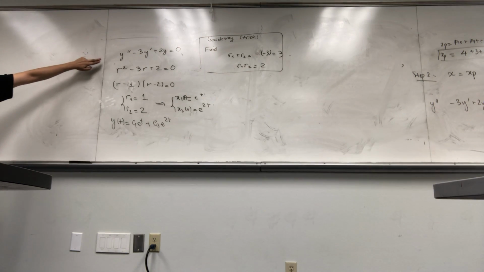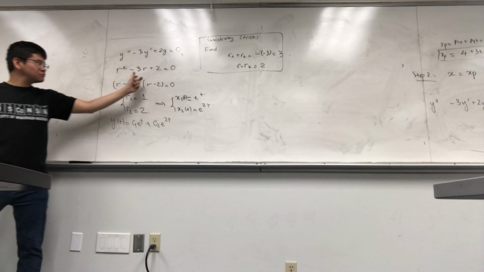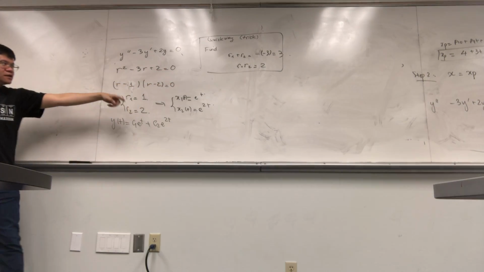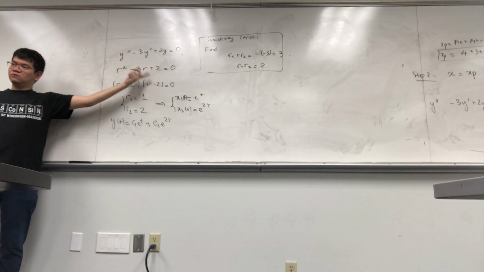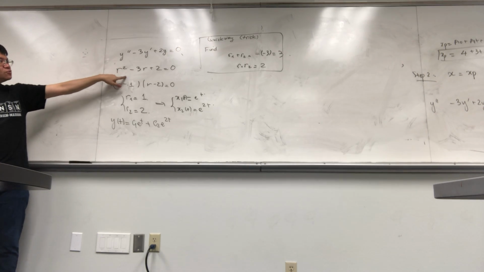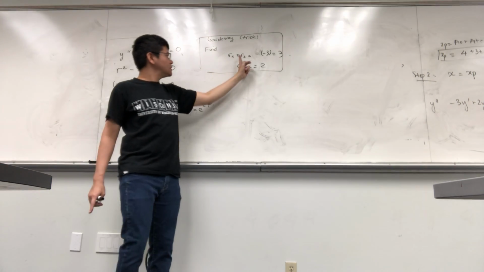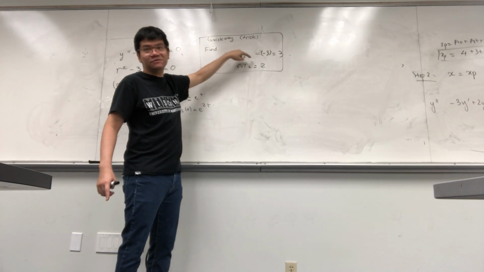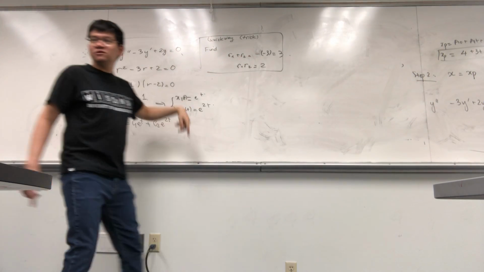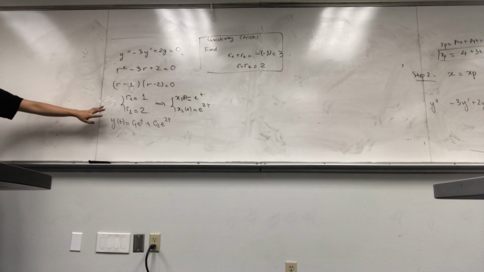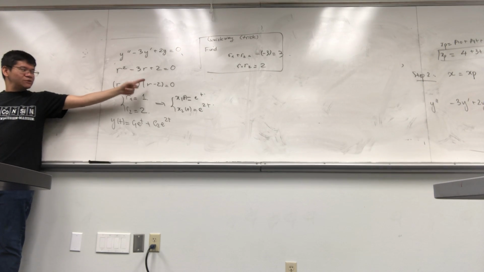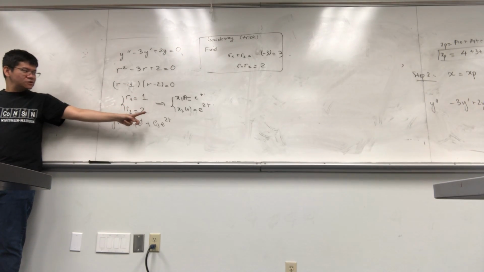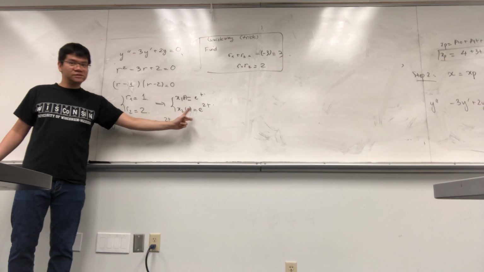The characteristic equation of this is r squared minus 3r plus 2 is 0. To solve this equation, the quick trick is that you find two numbers, r1 and r2, such that r1 plus r2 is 3 and r1 times r2 is 2. So they are 1 and 2. You know that this equation has two roots, 1 and 2. So x1 is e to the t and x2 is e to the 2t.